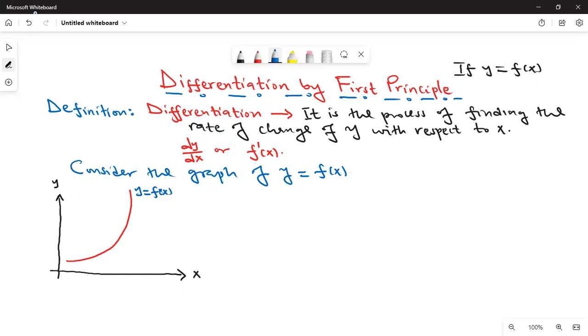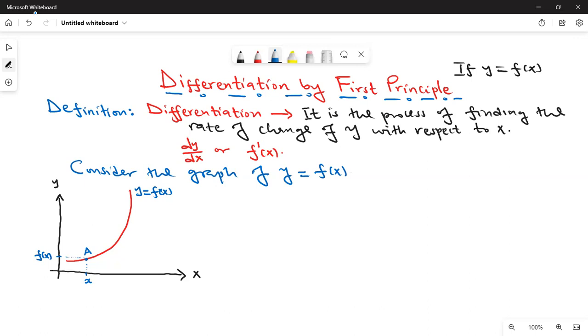I will need 2 points on this curve. The first point is here, let's call this point point A. Coordinate here, let it be x, and on the y-axis, let that coordinate be f of x. I also need another point.